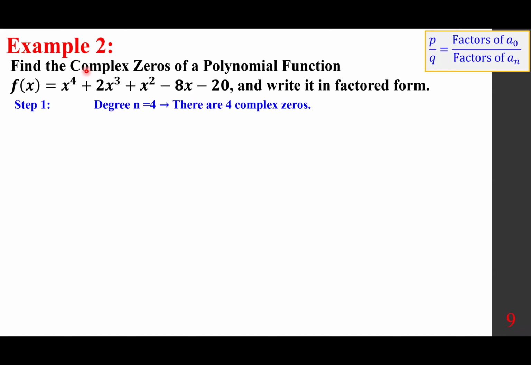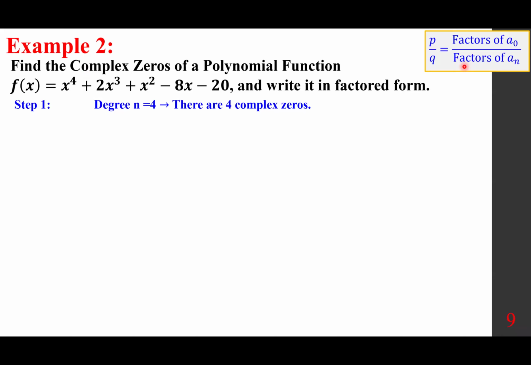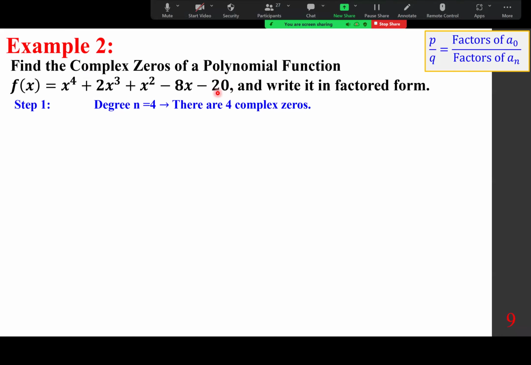Then we use the rational zeros theorem and we try to find potential zeros, noticing that this number is a sub 0, and 1 is a sub n.